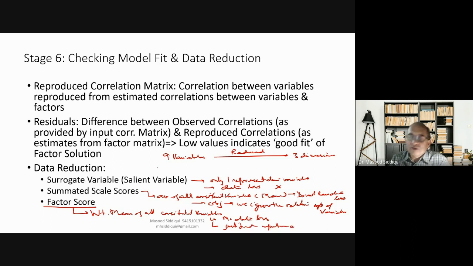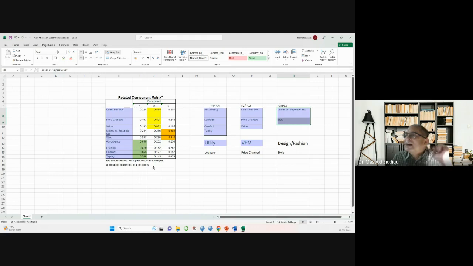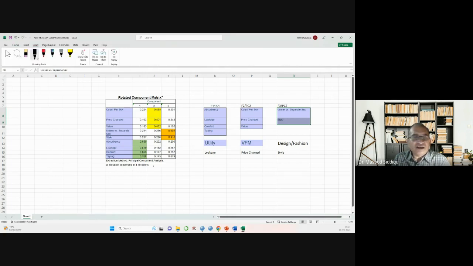Right? So we take these weights, like this is the highest weight for the absorbency, this is the highest weight for the leakage. Right? So we take these weights in order to calculate the factor score. And after that, they have been standardized. And in this way, we obtain the factor scores. So now I am showing you that. Then I will be taking the questions again. Now just let me change the screen.